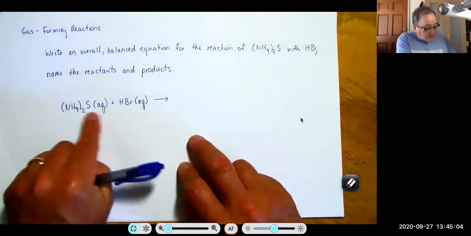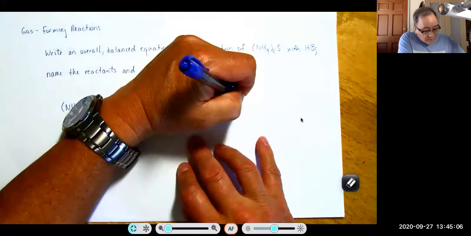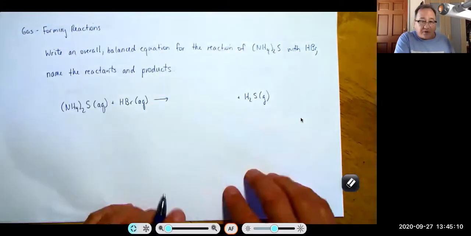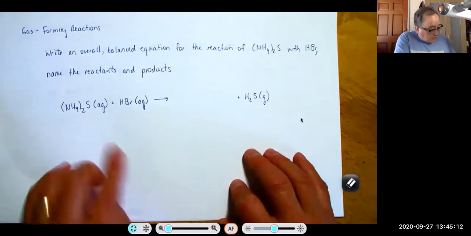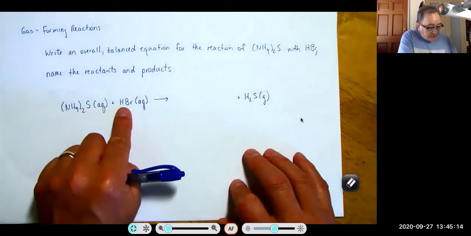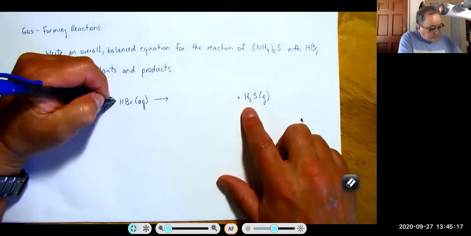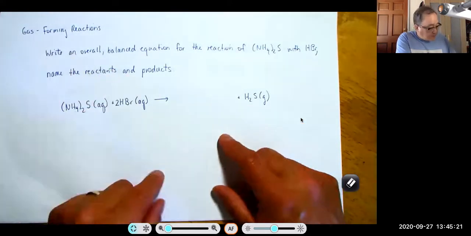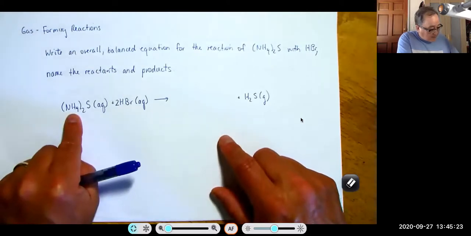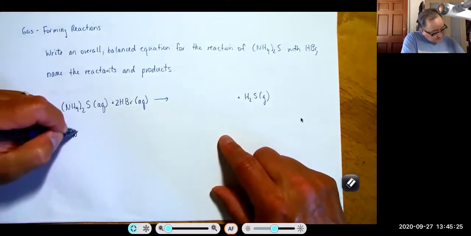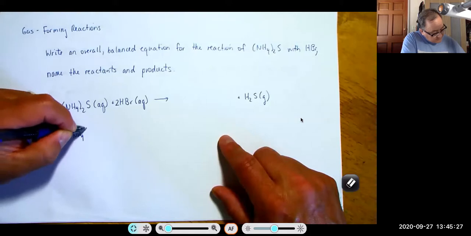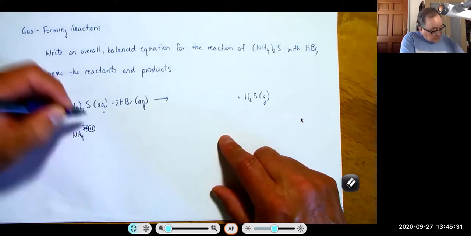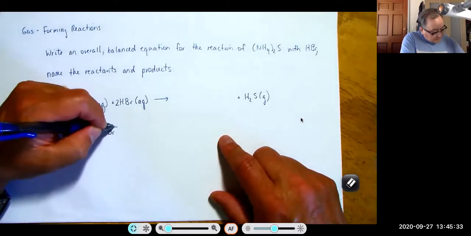So the sulfide reacts with the acid, and we know that one thing for sure is we're going to get this dihydrogen monosulfide. There's one sulfur here, one hydrogen here, so I'll definitely need two of those. And then what is the other thing that forms? A salt. So what are we left over with? Two ammonium ions plus two bromide ions.